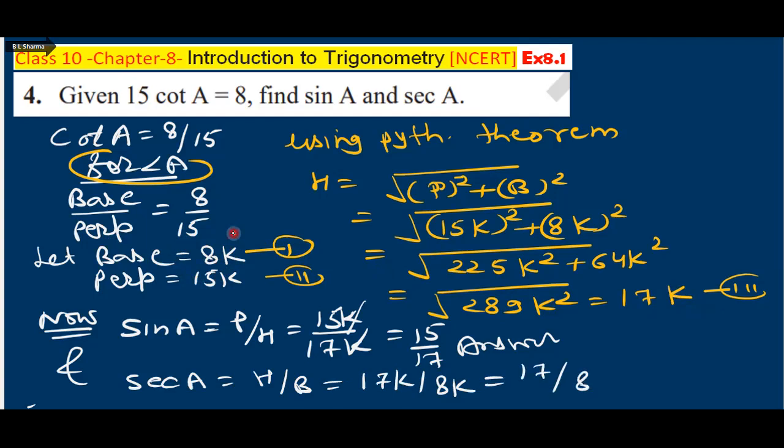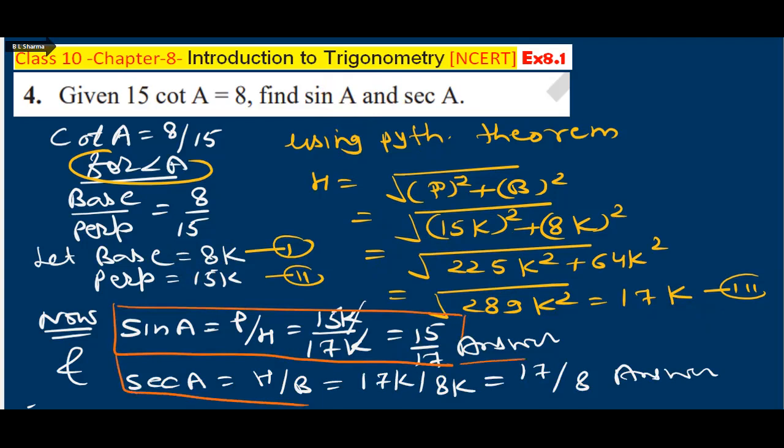That is 17 upon 8, answer. So that's all for this question. Sin A is 15 by 17 and sec A is 17 by 8, answer of this question.